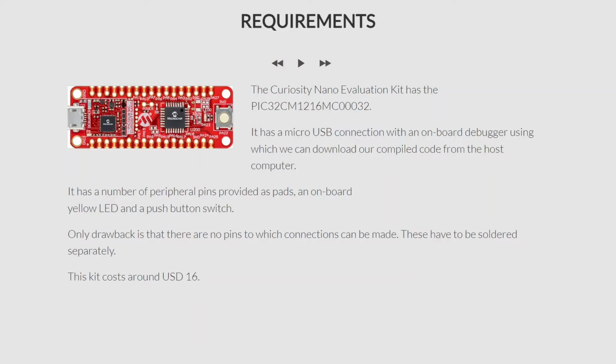However, this particular kit has two things which are useful right away. The first is an LED. There is a yellow LED which can be used to either glow or flash, and there is a push button. So you see here, this is a push button which you can actually press, and it is connected to the microcontroller so that you can actually use it as some kind of a serial communication or even an interrupt communication.